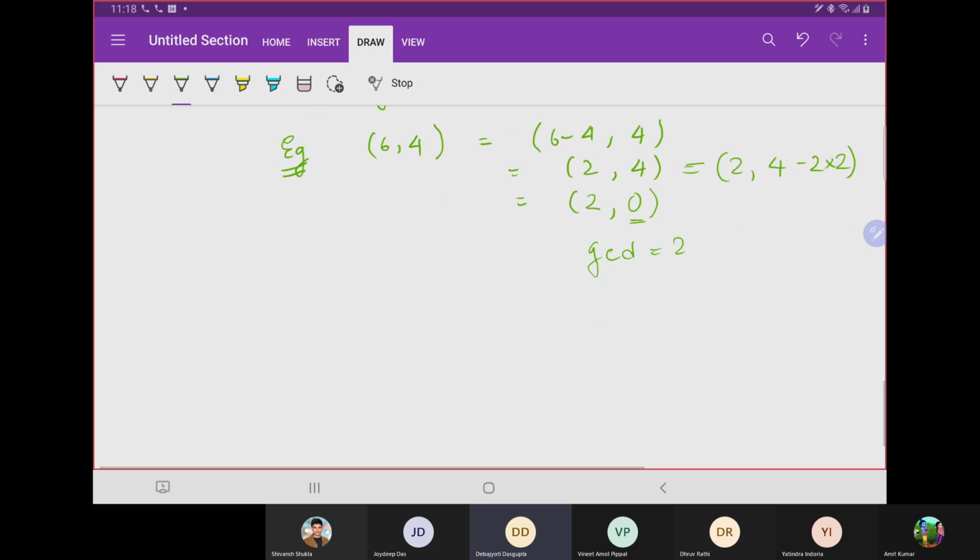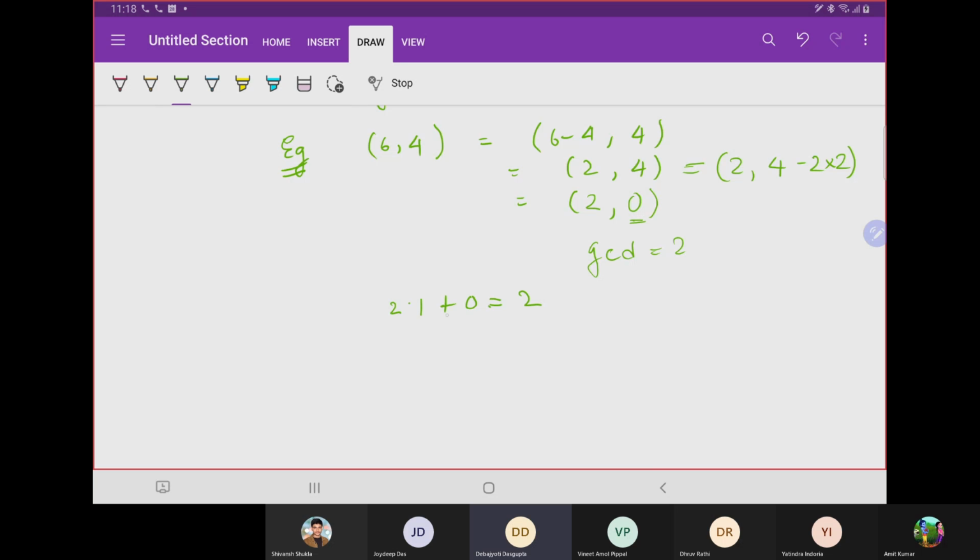So what we do is just reverse calculate. From the bottom we have 2 into 1 plus 0 into something, which is 0, equals 2, right?